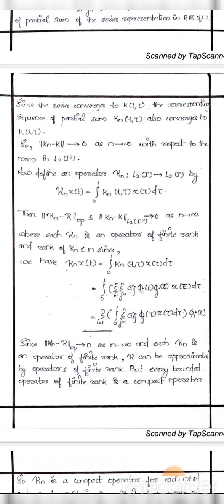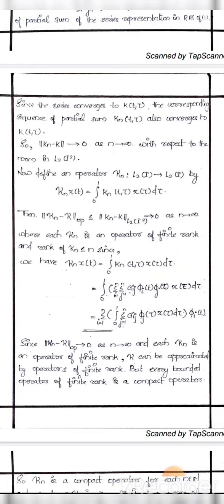Okay. So now we are defining another operator, script K_n, from L2 of I to L2 of I, as script K_n h of t equal to integral 0 to 1 of k_n of t comma tau h of tau d tau, just like the definition of the script K that we have defined earlier.